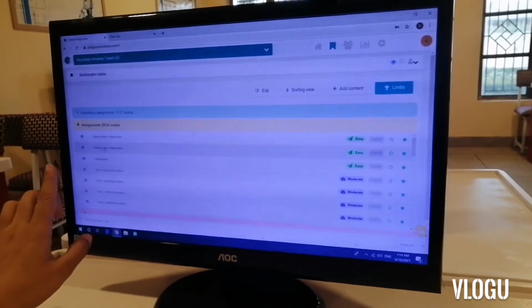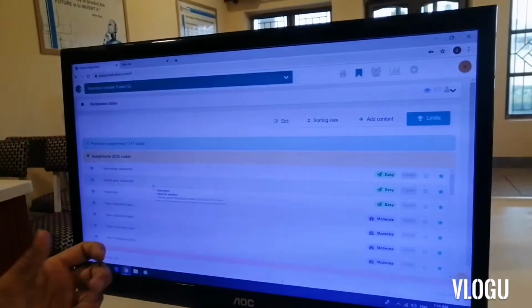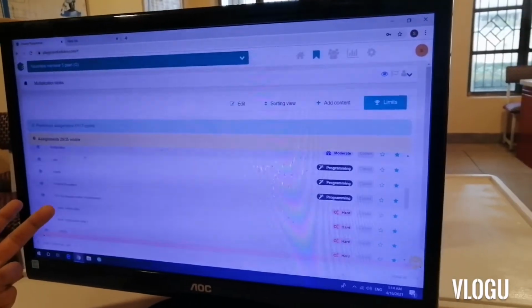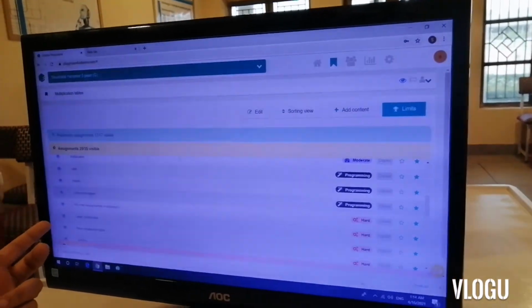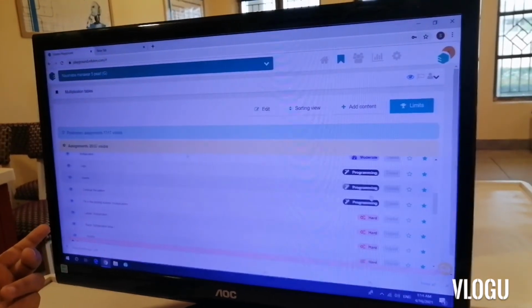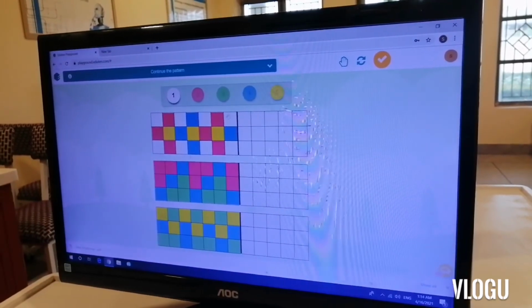So I'm going to make the video of the memory game because some students need instructions. The rest are multiplication, Lego game, insects, and continue the pattern. Maybe these are difficult because it's programming. So I must make the video of the programming games for the students.